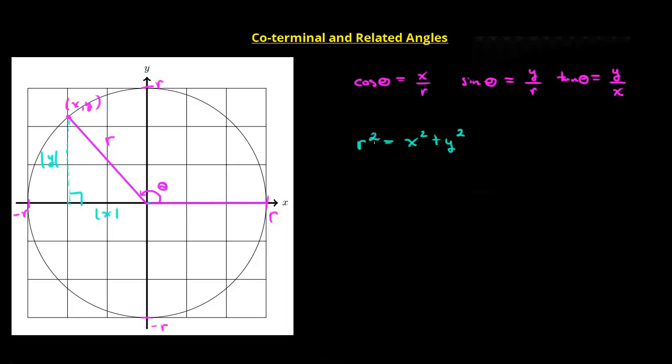But there's something to note: the radius r is always positive, whereas x and y could be either positive or negative depending on what quadrant they're in. So you have to be careful, because the signs of your solutions to this equation do matter.